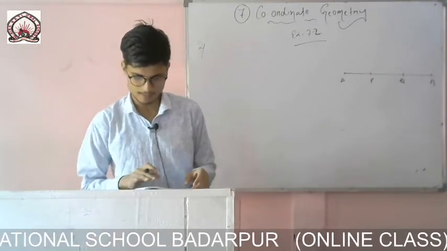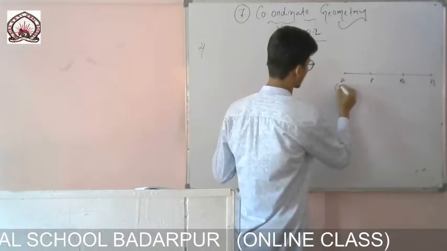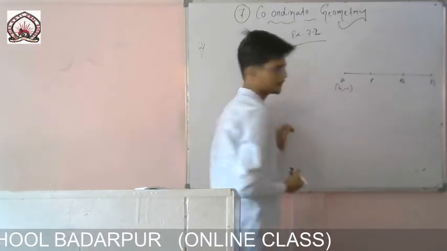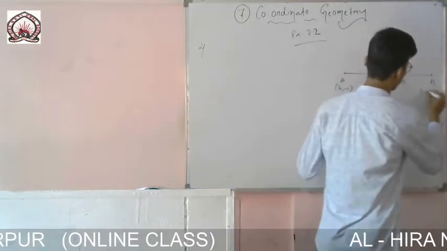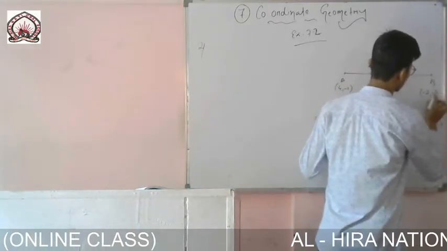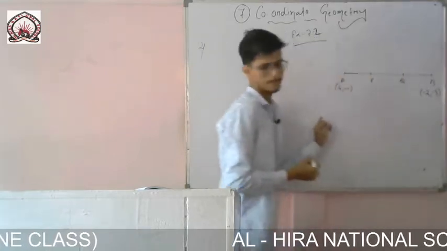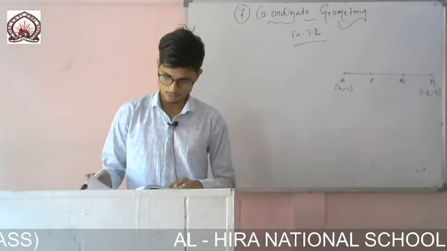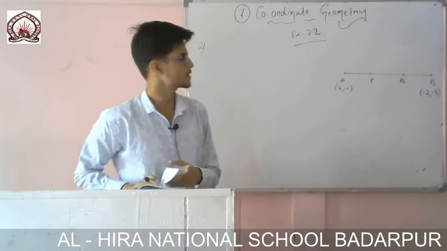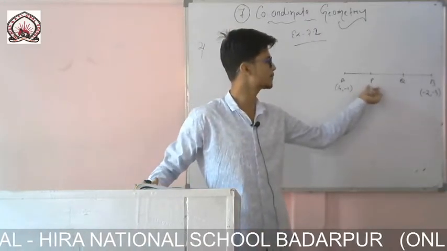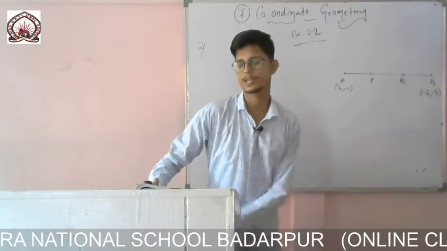Of A it is given 4 comma minus 1, and for B it is given minus 2 comma minus 3. So these are the things given. The question is to find the coordinates of the points of trisection. That means you have to find the coordinates of P and of Q also.